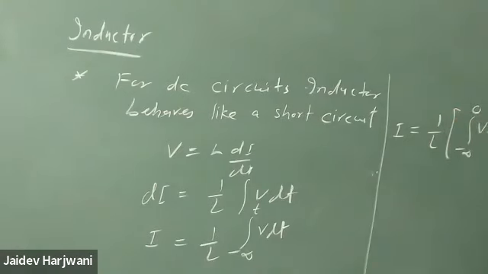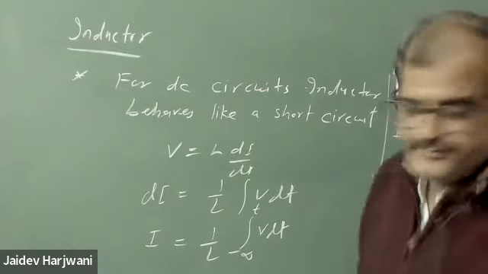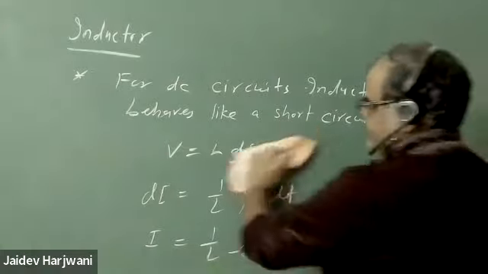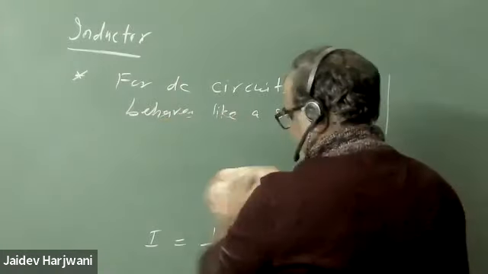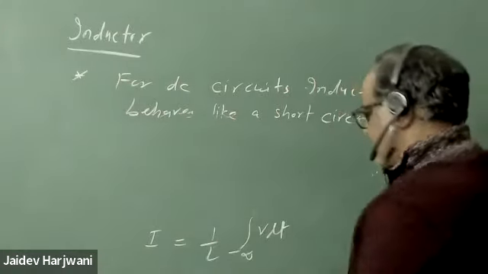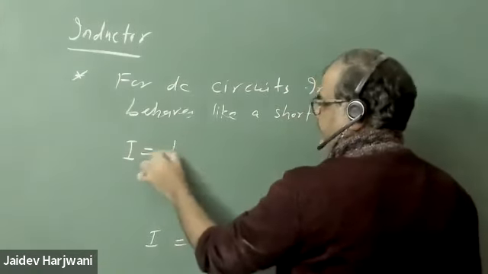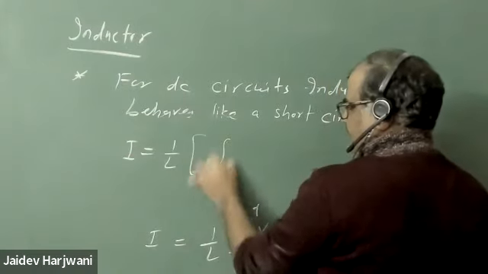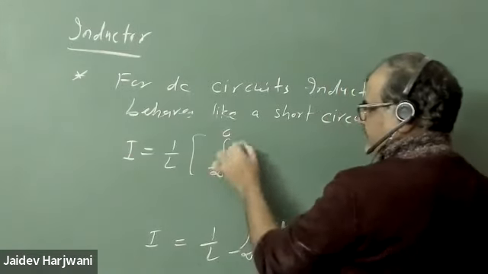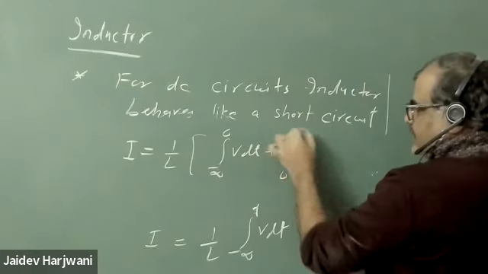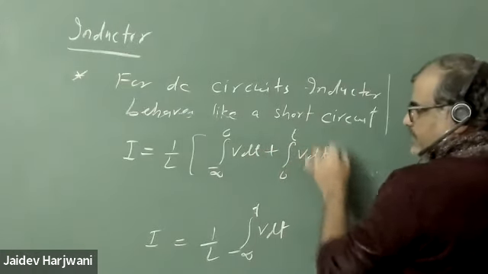If I write it here, we break this limit like we did yesterday: 1 by L, minus infinity to 0 V dt, plus 0 to t V dt.